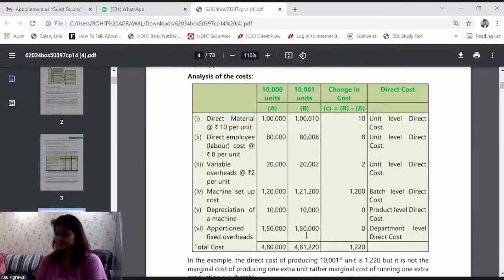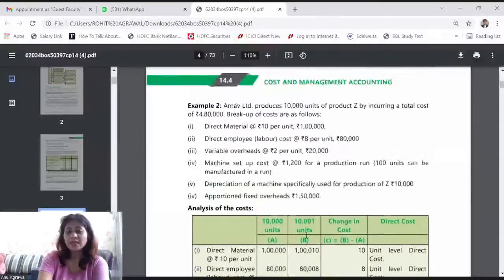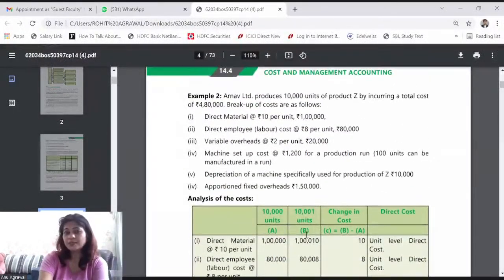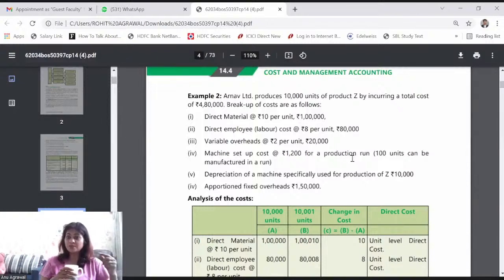Okay. Now, the thing is, Sunil, this setup cost, is it changing with every unit that you are producing? Tell me. I'm not talking about marginal costing. It is direct costing. Direct costing means the cost variates or it is directly related to a particular item.